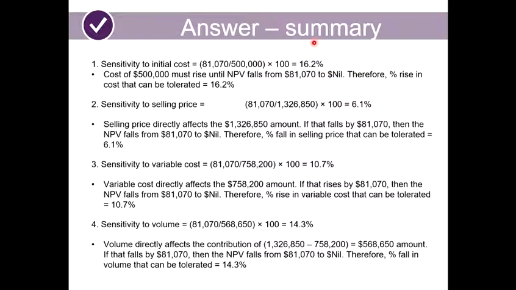Maksudnya kita kira sampai dia menjadi kosong. So dia hanya boleh tolerate sebanyak 16.2% saja. Okay, so selling price pula. Selling price directly affects the 1326 kita kira tadi, PV value dia. If that falls by, then the NPV fall from NPV kepada 0, dia boleh tolerate sebanyak 6.1% sahaja.